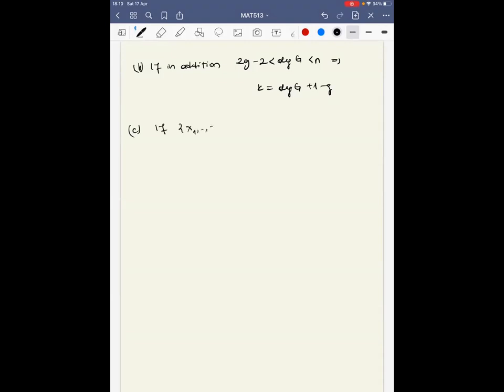And if we denote the basis of the Riemann-Roch space L of G by the functions x1 up to xk, then the matrix which contains the evaluations of these functions at the given places as rows will be a generator matrix of the algebraic geometric code.